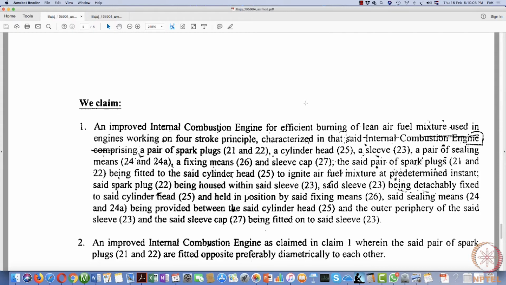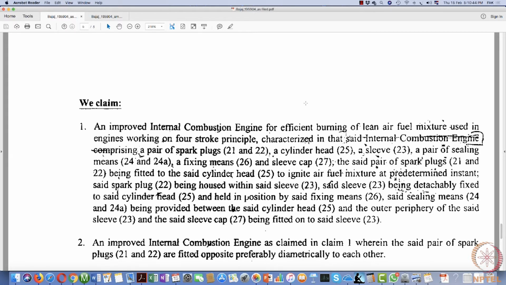It reads, an improved internal combustion engine for efficient burning of lean air fuel mixture used in engines working on four-stroke principle, characterized in that, now that's a transition, the said engine comprising a pair of spark plugs, the corresponding numbers in the drawings are mentioned in parentheses, which is a requirement, a cylinder head, a sleeve, a pair of sealing means, a fixing means, a sleeve cap.